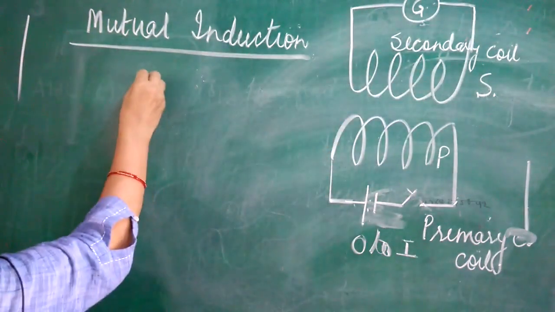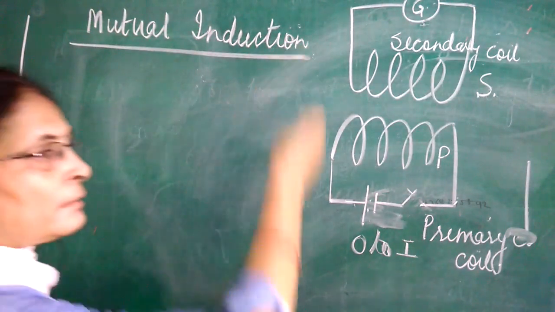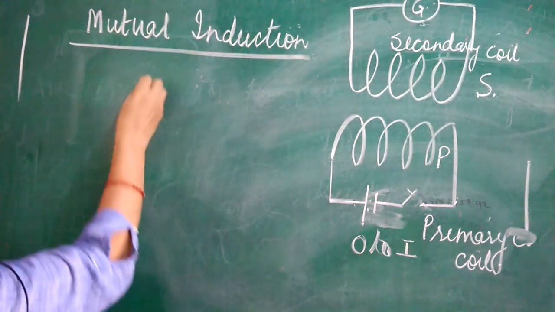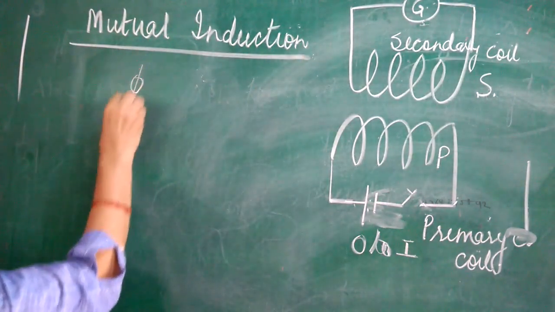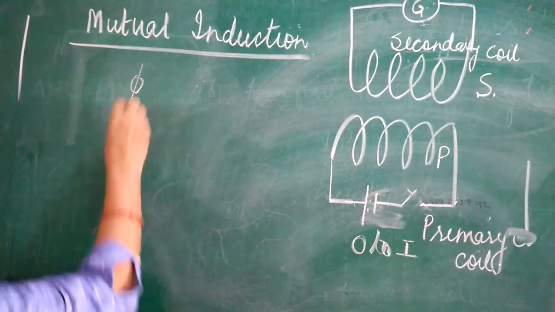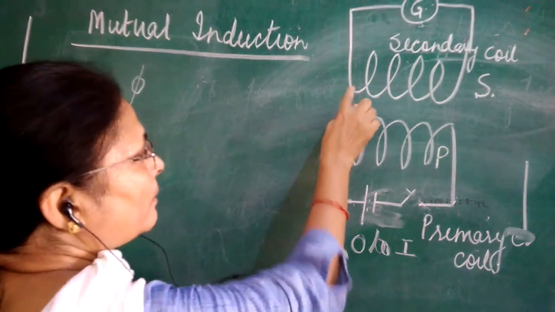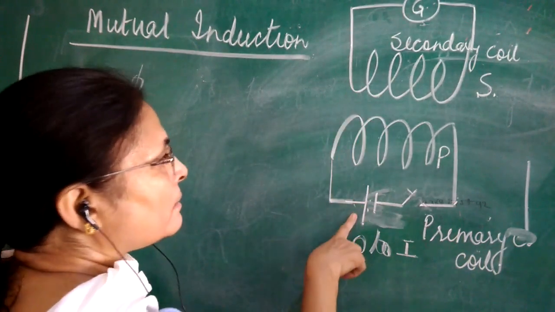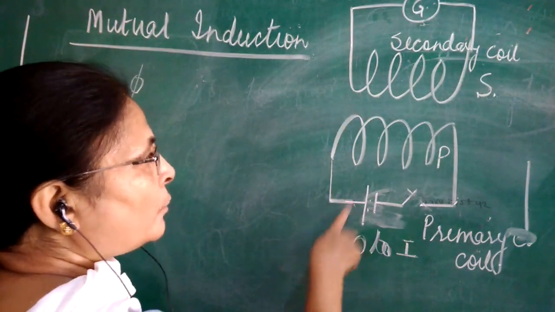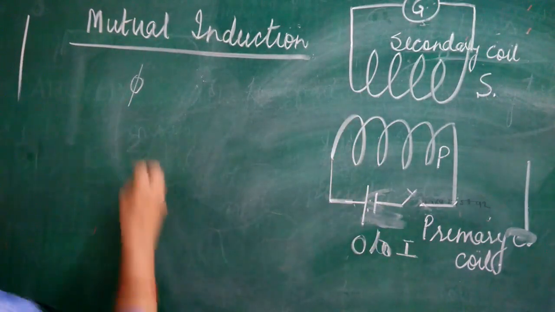Now, as we did for self-induction, the derivation will be exactly in the same manner. The only difference is that the magnetic flux is linked with the second coil because of the current in the first coil. There, we had both the variables in the same coil.